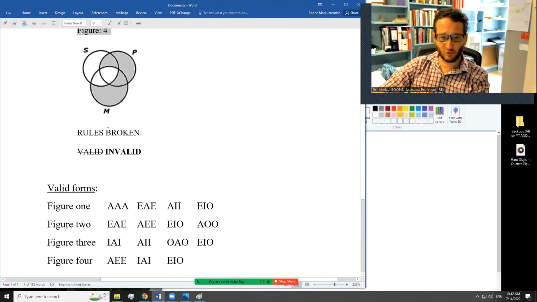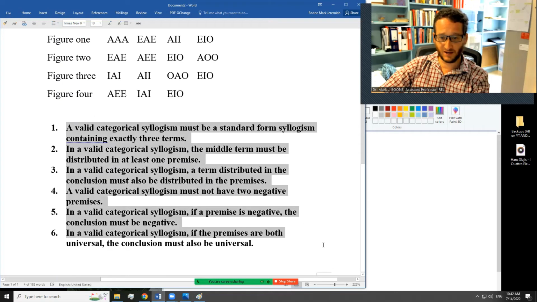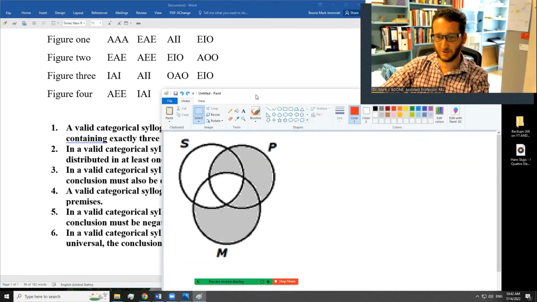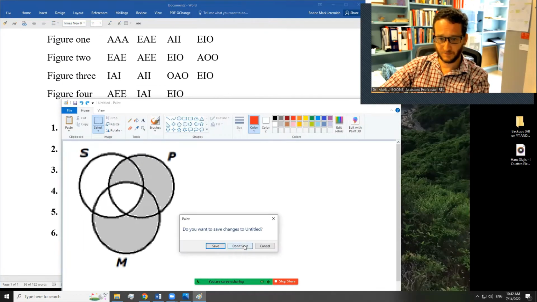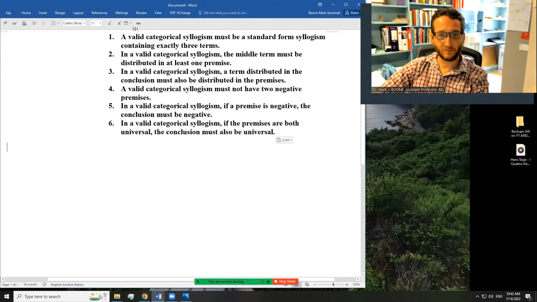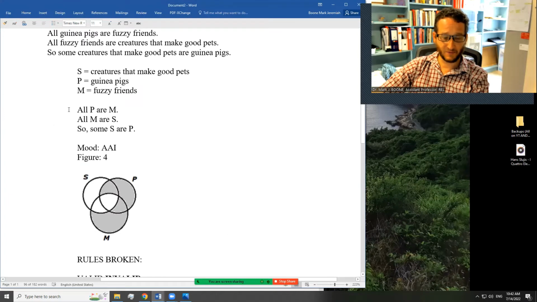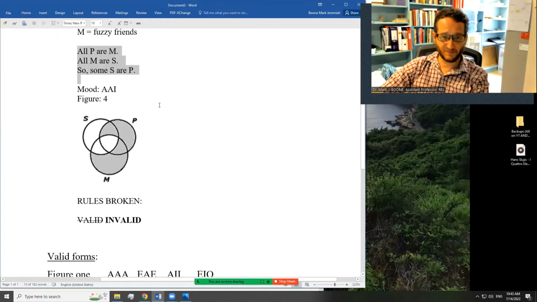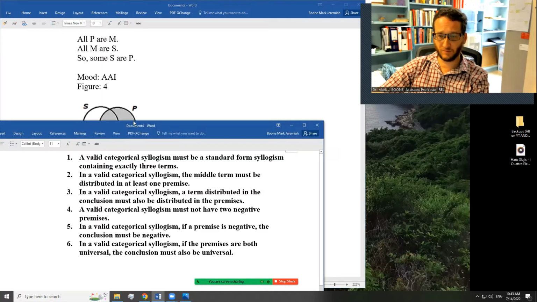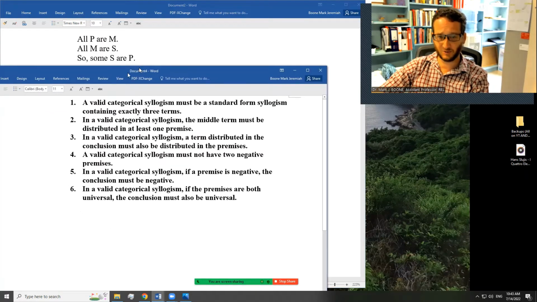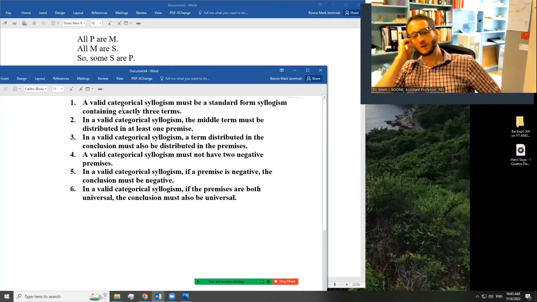We expect to see some rule broken. Where's my list of rules? Okay, let's close Microsoft Paint and open up another Word so we can have two things on the screen at the same time. All right, so this is the argument form, the argument pattern, the way of reasoning about things we're looking at, and here are our rules.